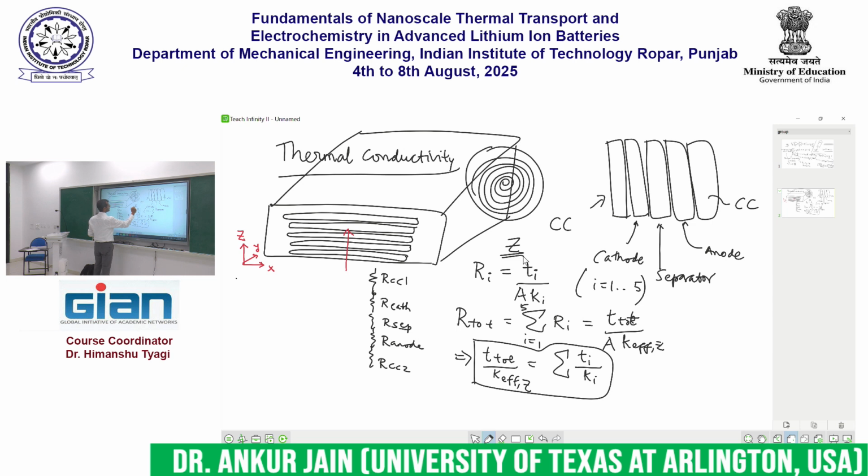So this is all in the Z direction. In the X direction, things are slightly different. In the X direction, 1 over R total is equal to summation 1 over Ri. This is the parallel arrangement, right?